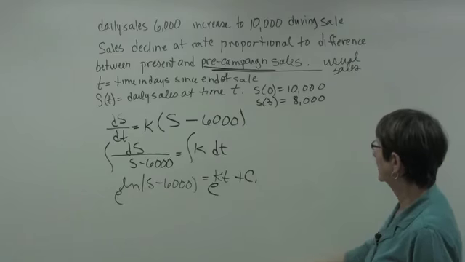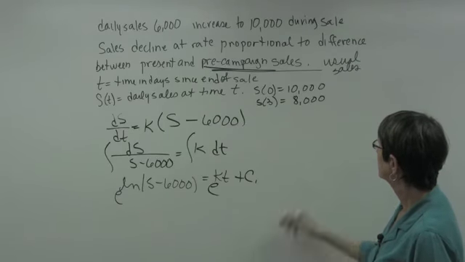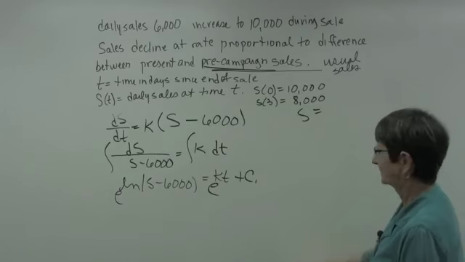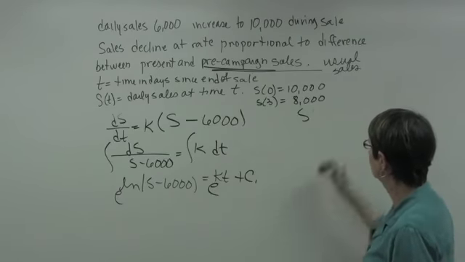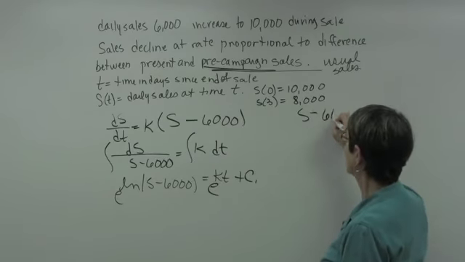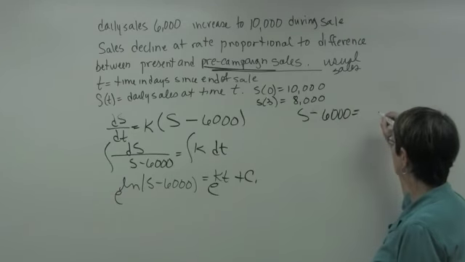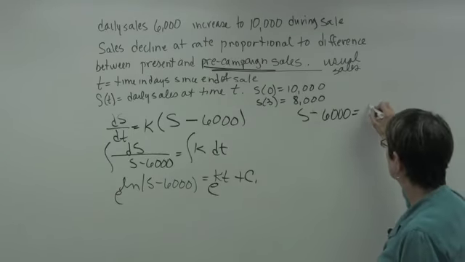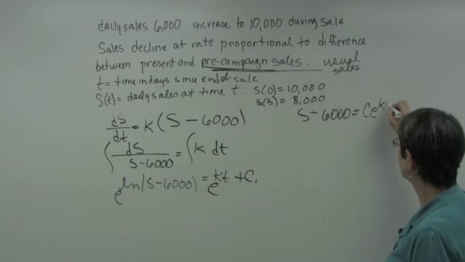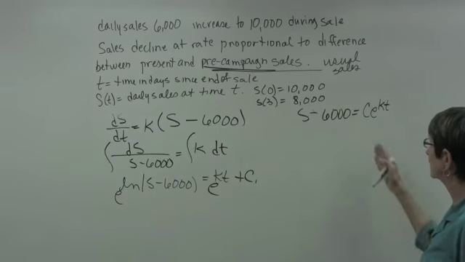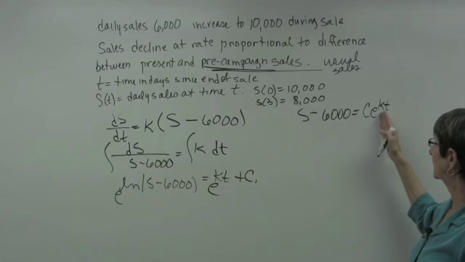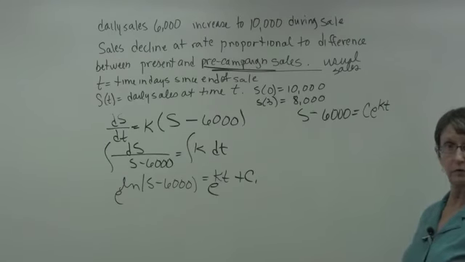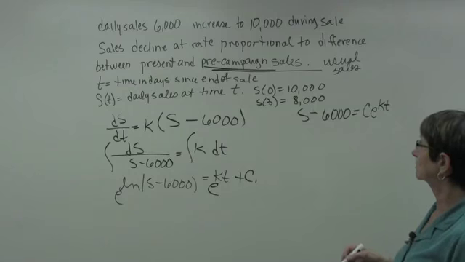I almost have an S. Now S minus 6,000 equals, remember how the c moves to the front? Call that C e to the kt. So I don't know C, I don't know k, S is my function, but I'm pretty close because I've done something similar earlier.